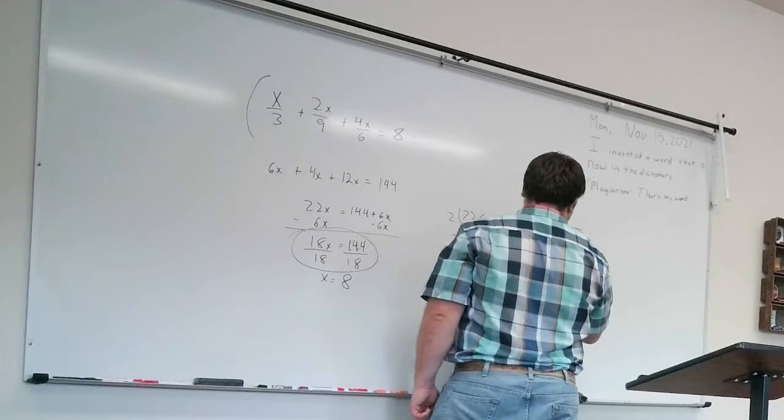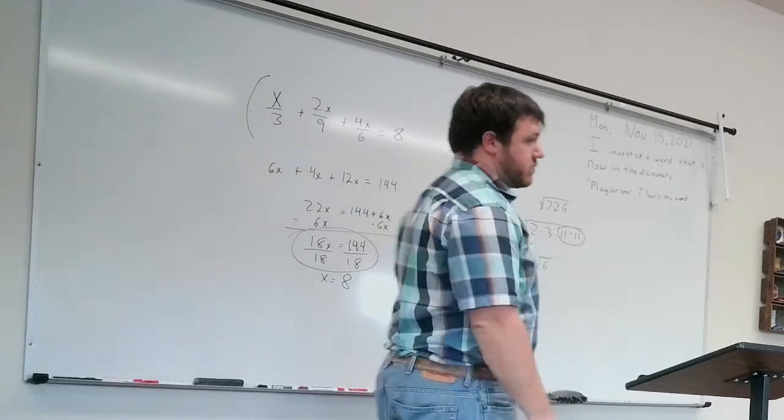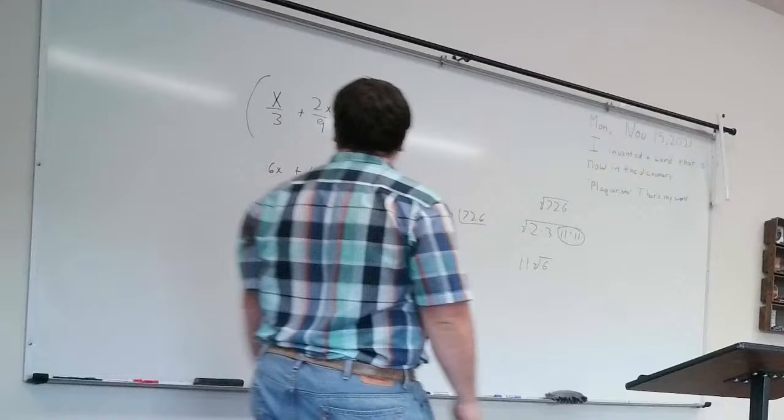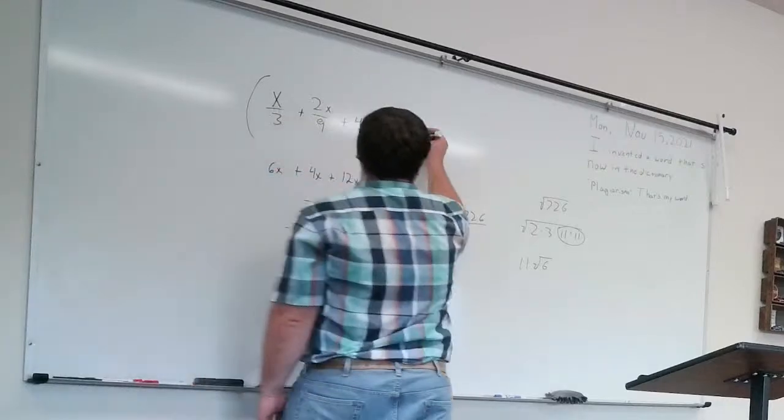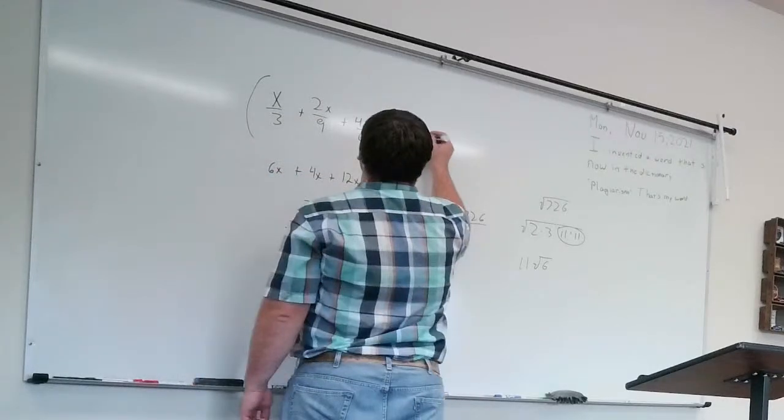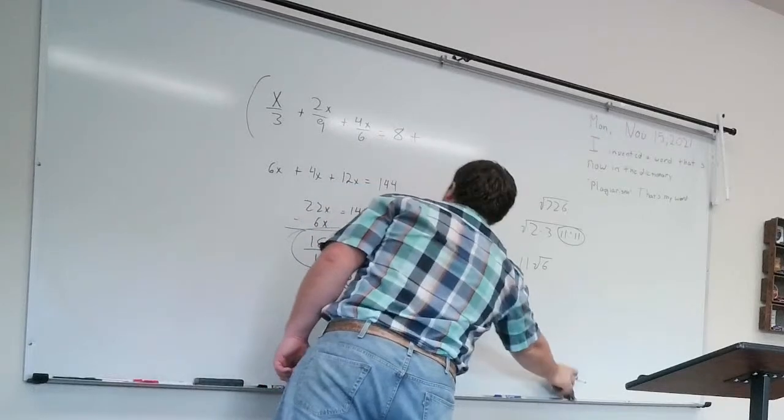How do you know what you're supposed to multiply by, like 18 on that one? Well, you have to look for the lowest common denominator. On the next one, it's 2, 4, and 3. Those are your denominators.